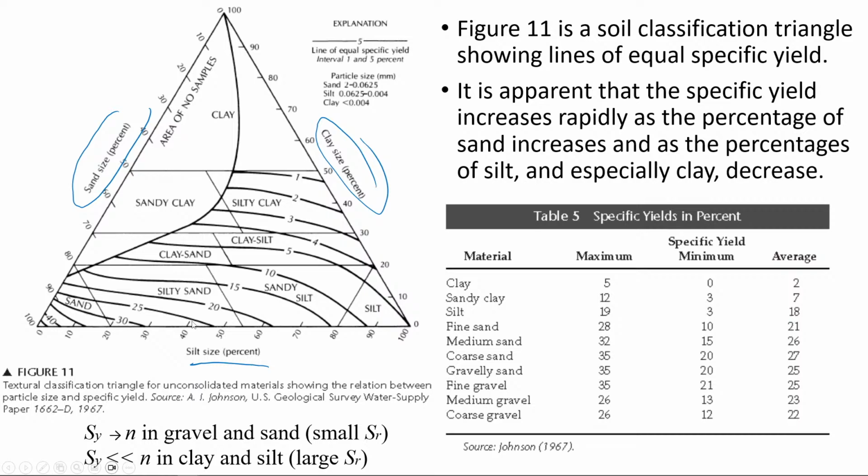and a very large portion of sand, like it's almost sand, then you have a very high specific yield. So here this is sand and this is clay, and you can see here the specific yield for clay could be 0 to 5, the average is 2.